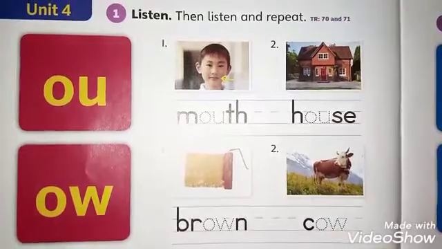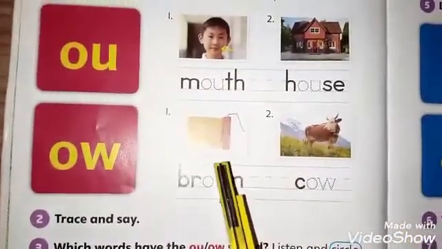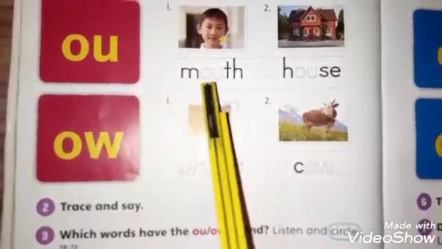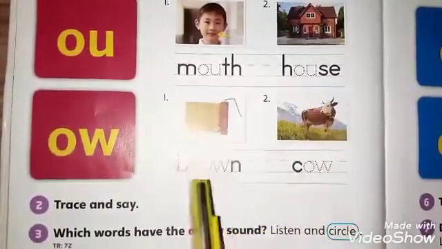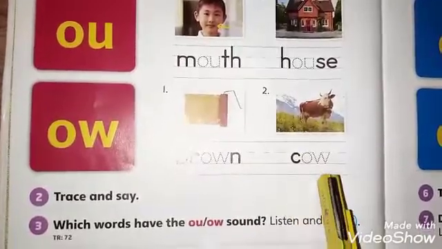Okay, now let's go to activity 2. Look at the picture in activity 1 again. Trace OU and OW. That is, trace the OU in mouth, trace the OU in house, trace the OW in brown, and trace the OW in cow.